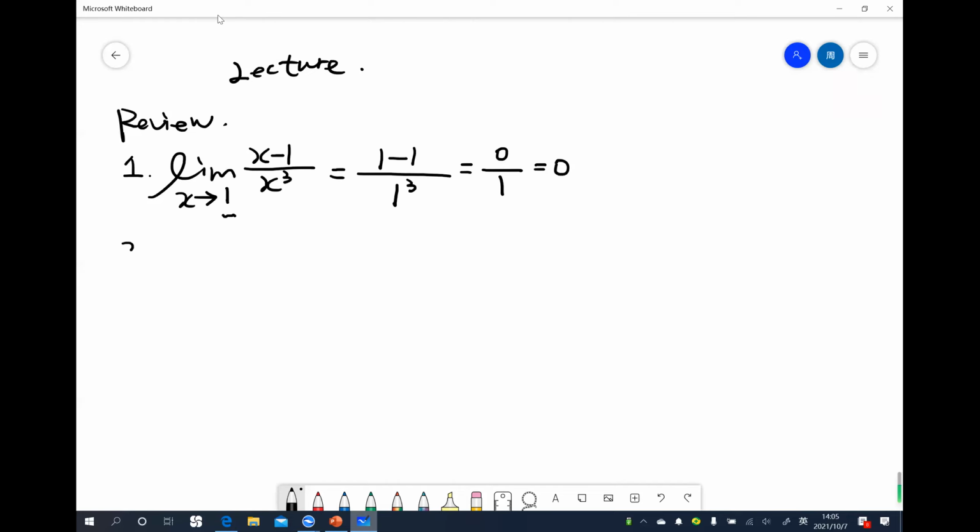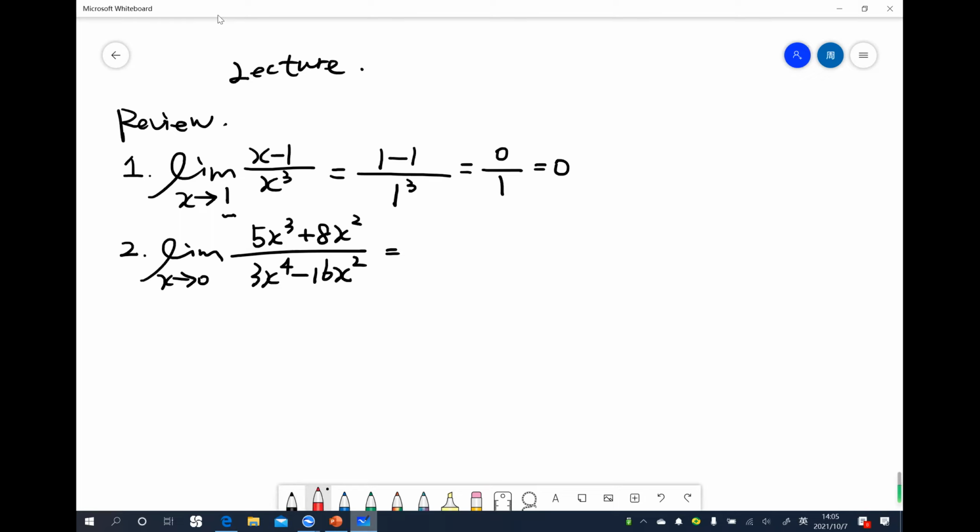And for the second one, I see some of you have finished it. The second question: as x approaches 0, find the limit of the function (5x to the power 3 plus 8x to the power 2) divided by (3x to the power 4 minus 16x to the power 2). First, maybe you will think that we substitute x equals 0 into the function.